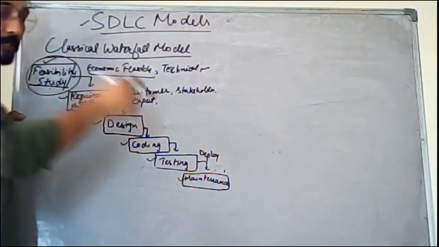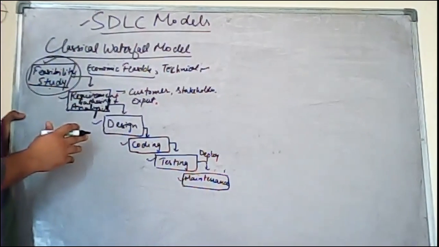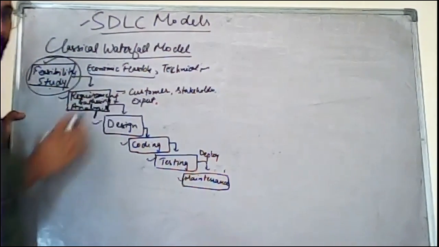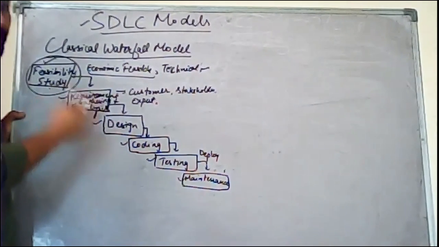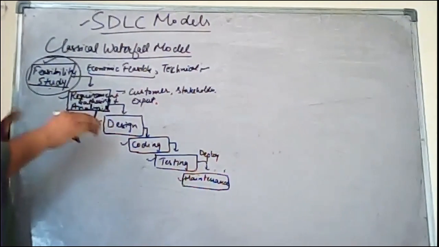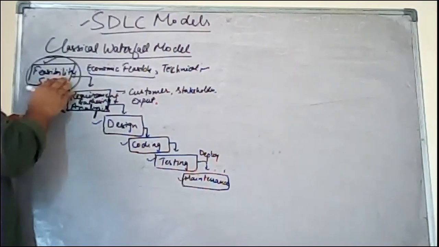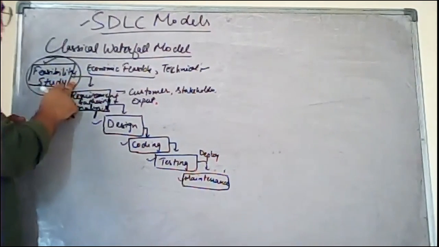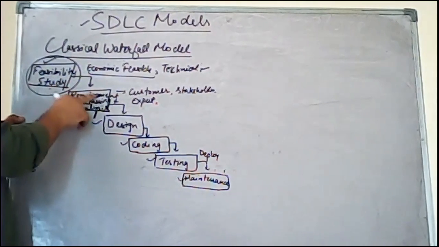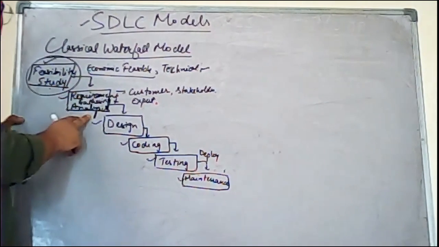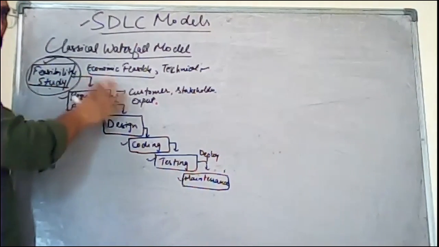From these persons, I will gather the requirements, and then analyze them. There will be another team member who will analyze that requirement. This is all done by teamwork. If I am doing the feasibility study, there is another team member of my organization who will gather the requirements and another team member who will analyze them.